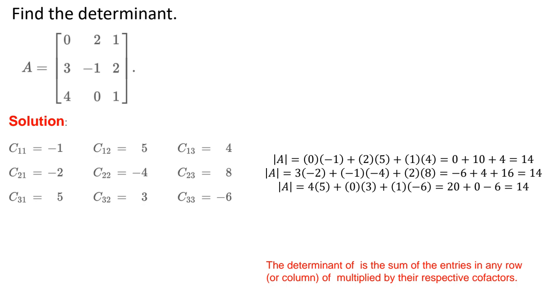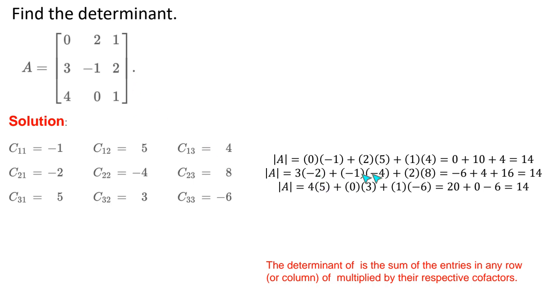So if we look at this one here, we have 0. So 0 times negative 1, 2 times 5, 1 times 4. And if I multiply these out, I get 0, 10, and 4, and I get 14. But you could also do the other row, 3 times negative 2, negative 1 times negative 4, 2 times 8.